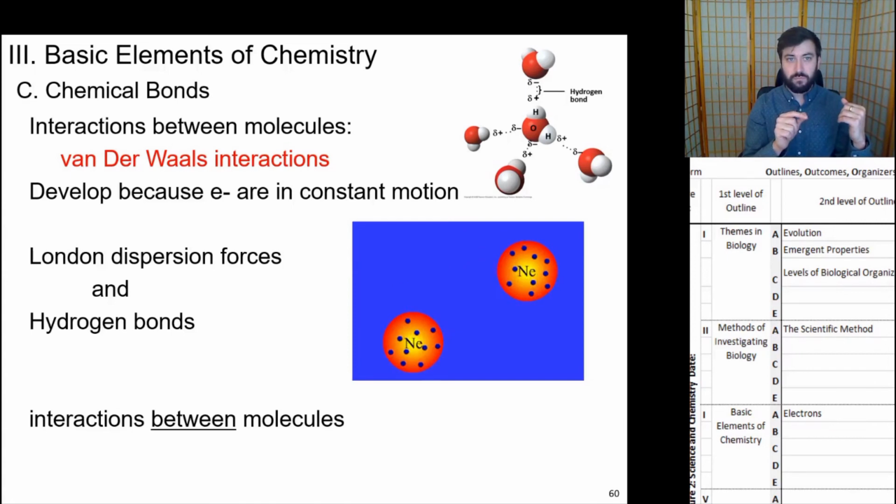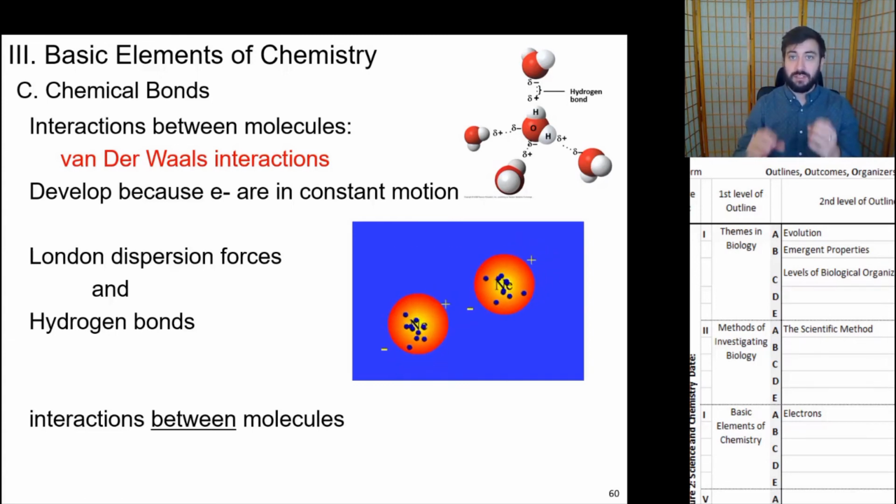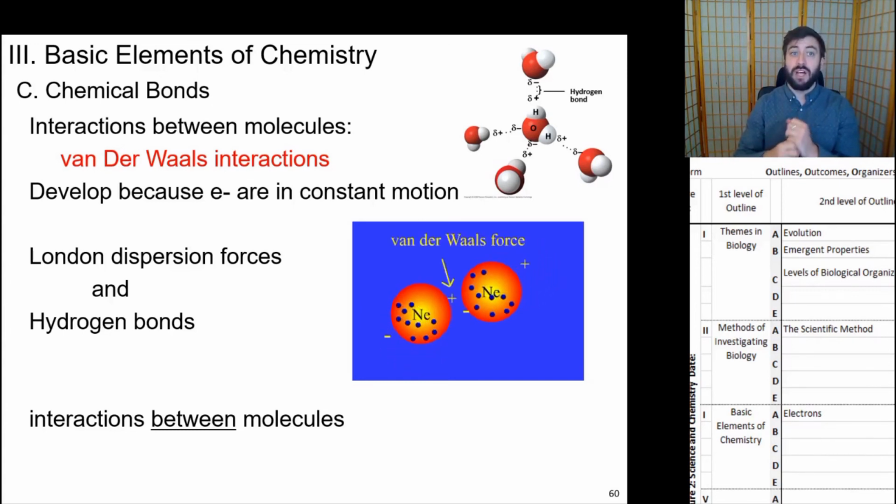So what this means is that you have these attractions that can form between molecules that will pull them together. Now, by themselves, these individual van der Waals interactions are not necessarily that strong. But when you have lots of them occurring across a very large molecule or multiple molecules, it can become very strong.